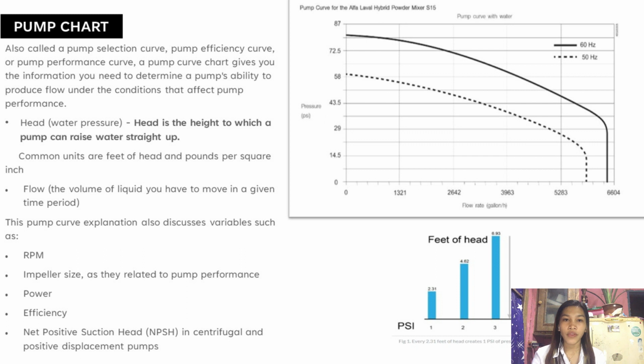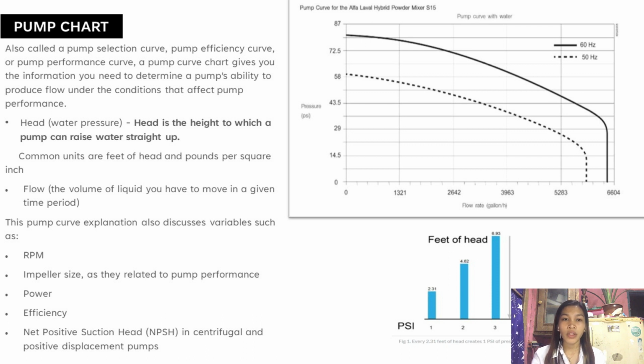Common units are feet of head and pounds per square inch. A pump curve calculator might offer different units such as bar or meters of head. As Figure 1 illustrates, every 2.31 feet of head equals 1 pound per square inch. Flow, the volume of liquid you have to move in a given time period.